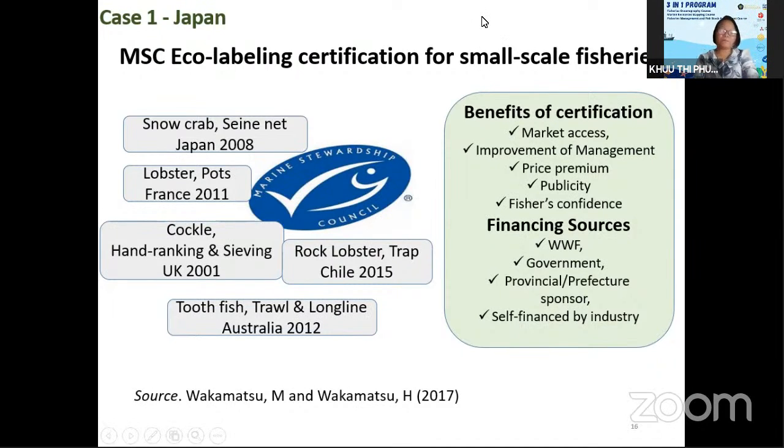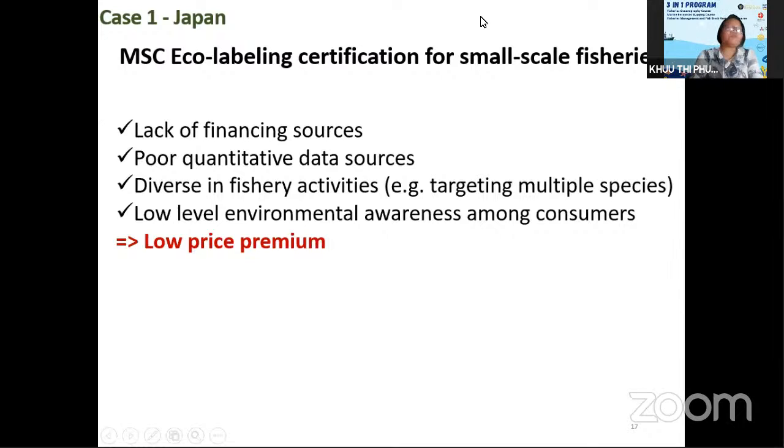You can see that small scale fisheries lack financing sources and have poor quantitative data, especially in our countries. The fisheries are multi-species, and poor data is the most important problem. There are diverse fishery activities, multi-species catches, and low environmental awareness among consumers.